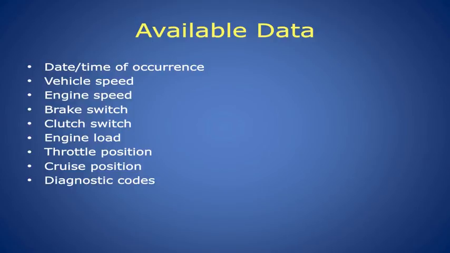It's going to show the throttle position, meaning the percentage of how far down that gas pedal was pressed, 50%, 75%, what have you. It's going to show whether or not that vehicle was in cruise control, and it's going to look at diagnostic codes as well. Diagnostic codes may give you an indication that maybe there was some kind of a mechanical issue involved, and a technician would have to look at the diagnostic codes most of the time and tell you what those are.